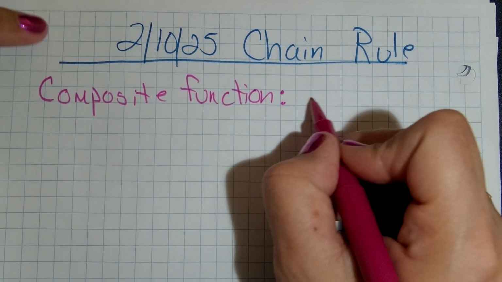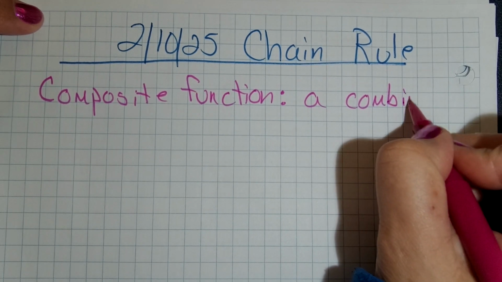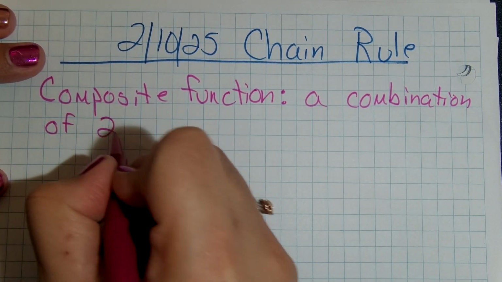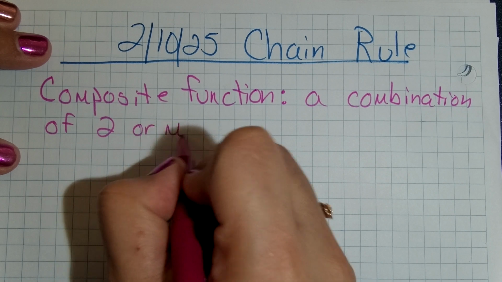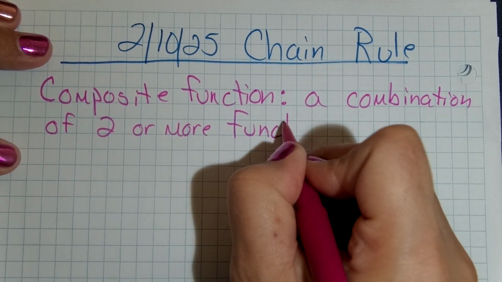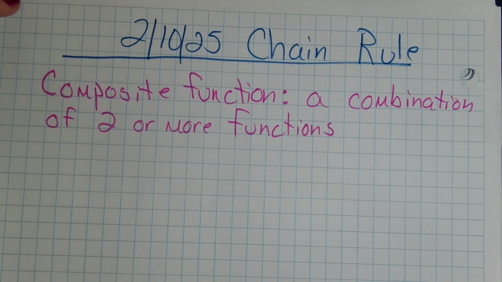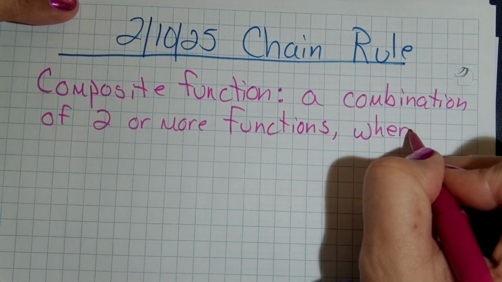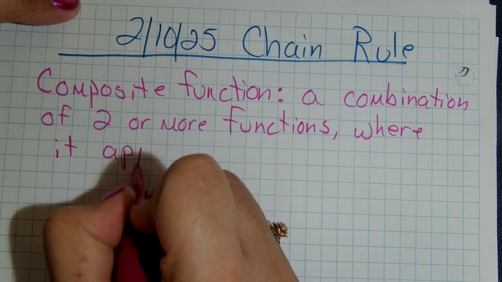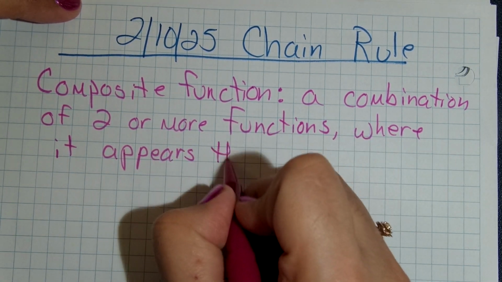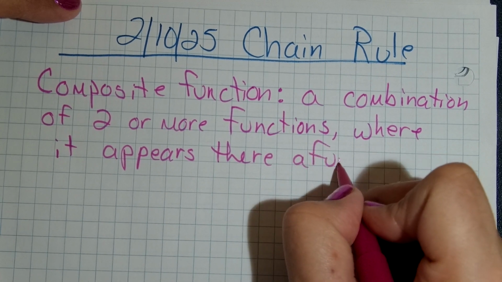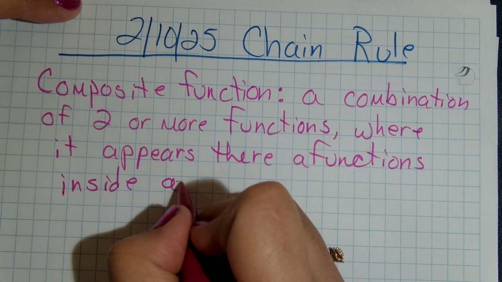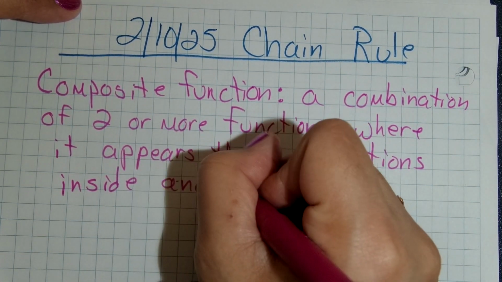A composite function is a combination of two or more functions where it appears there are functions inside another.